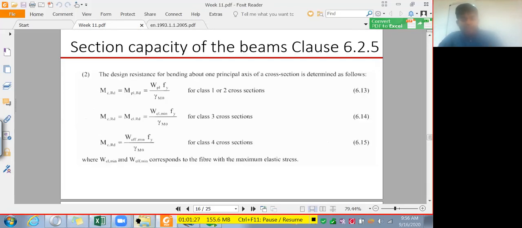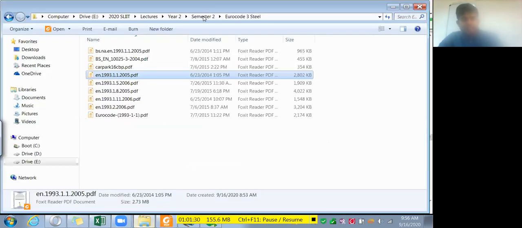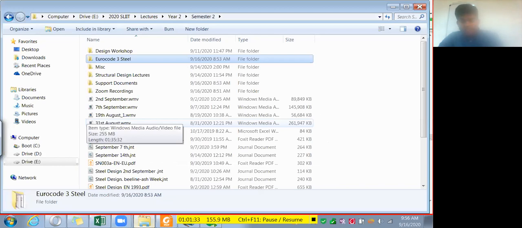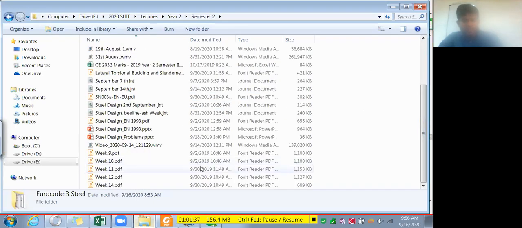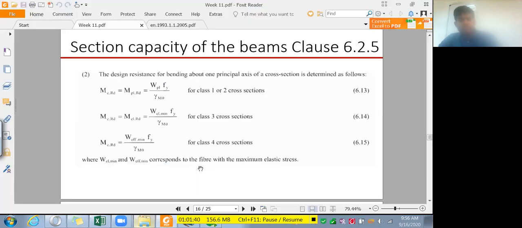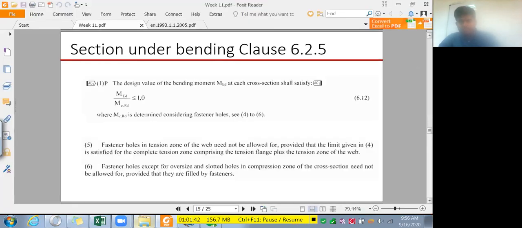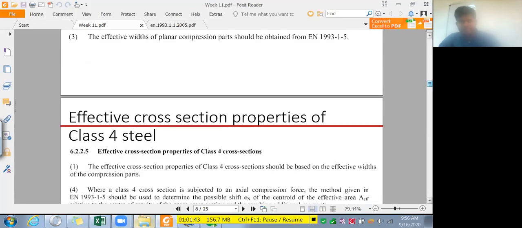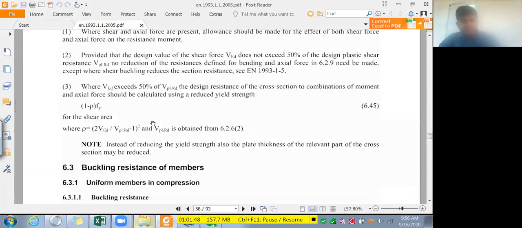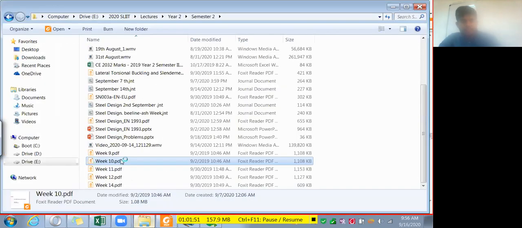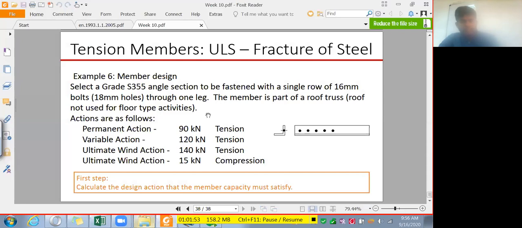Before going to buckling, I think we have to check the compression. We have seen tension, but we have not looked at compression. Members under bending, tension members.